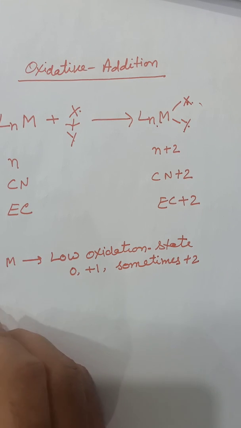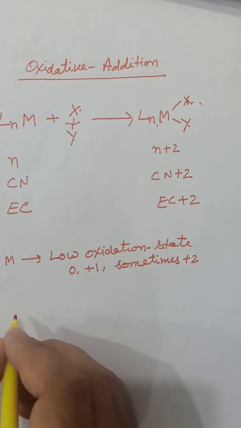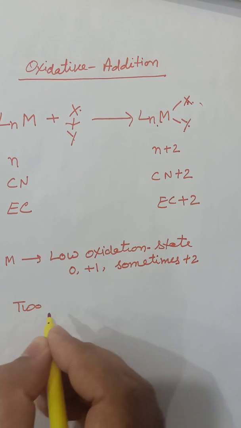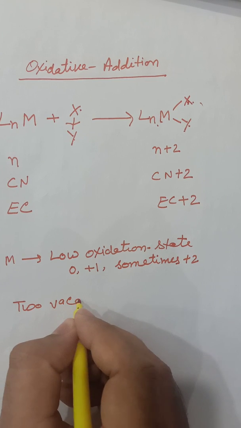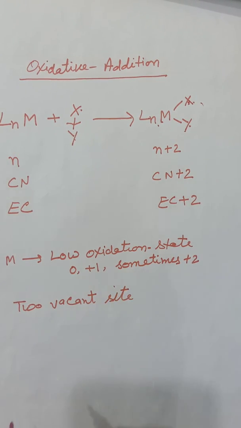Okay. Second point is that the complex which is undergoing this oxidative addition reaction should have at least 2 vacant sites on which the incoming ligand can attach. That means the complex should be unsaturated with respect to the coordination number.